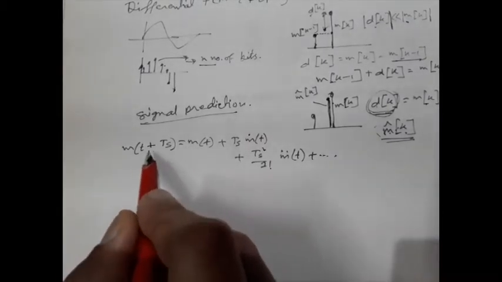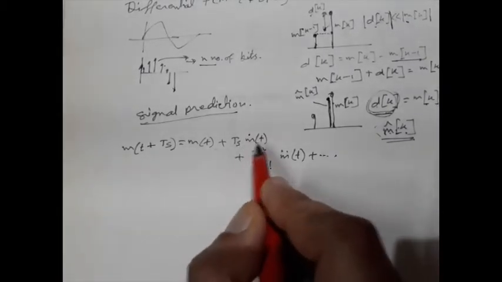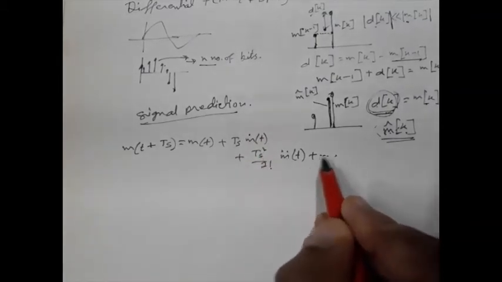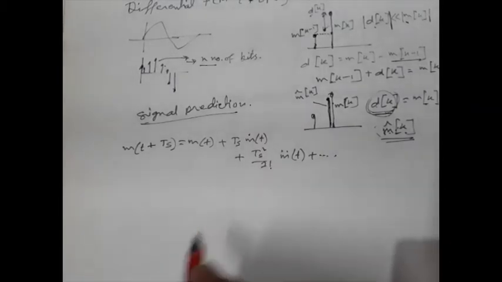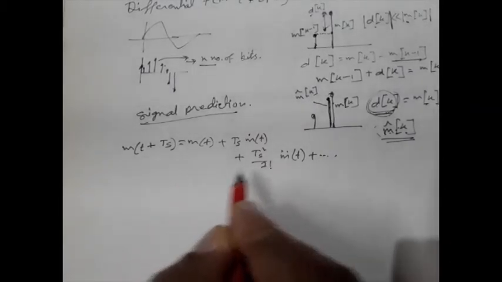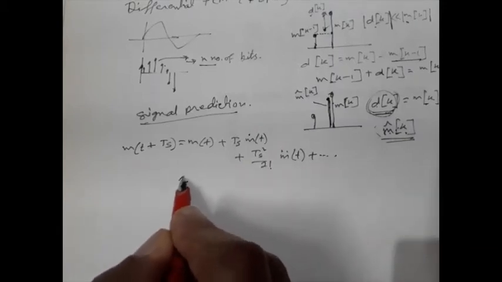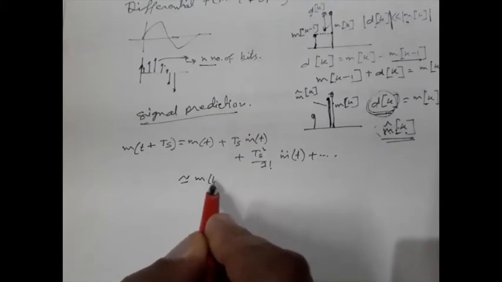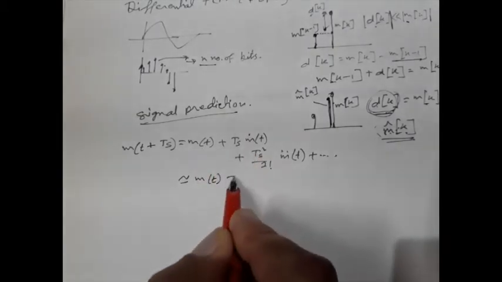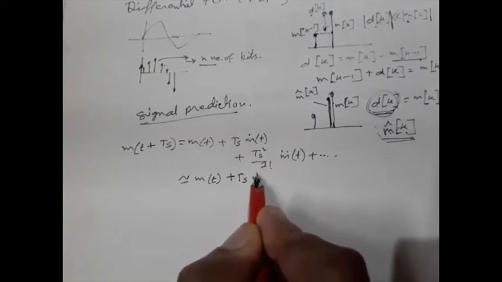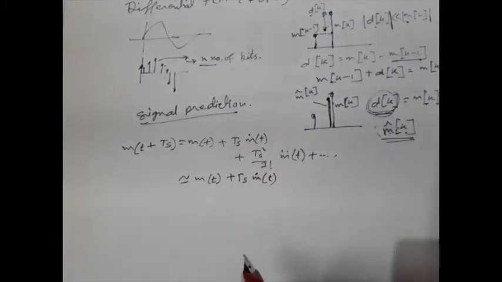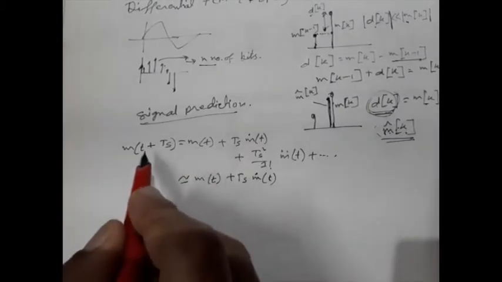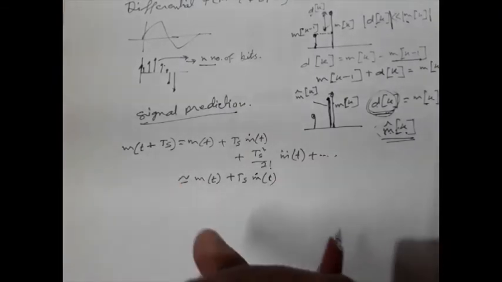So m(t + Ts) equals m(t) plus Ts m dot(t) plus Ts squared by factorial 2 m double dot(t), and so on. So approximately, neglecting the higher order terms, taking only first two terms, we can write m(t + Ts) is nearly equal to m(t) plus Ts m dot(t). Here Ts is the sampling time, and it is much smaller compared to this t. That means we have to take the samples at very fast rate.